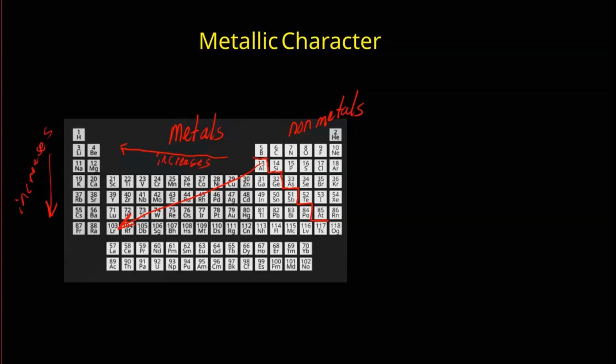Okay, so for nonmetallic, it's going to increase in this direction. And again, it will decrease going downward. The most nonmetallic element on the periodic table will be fluorine.